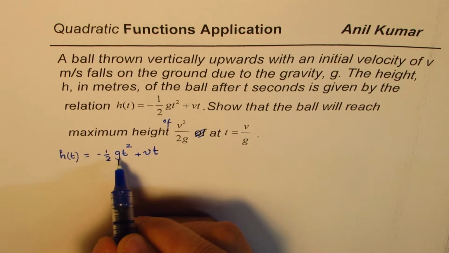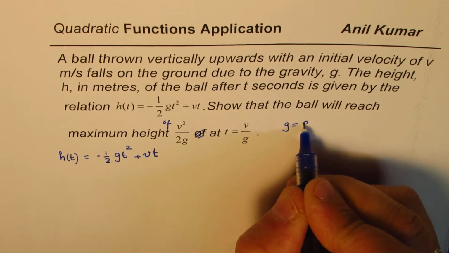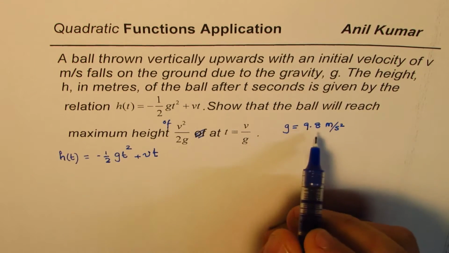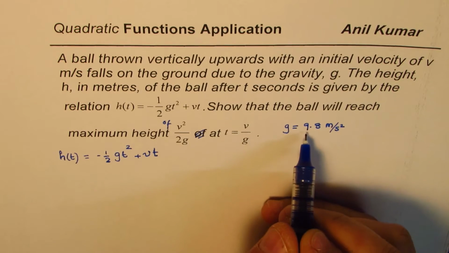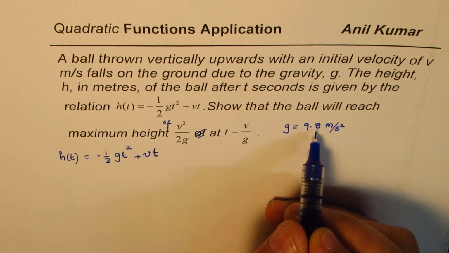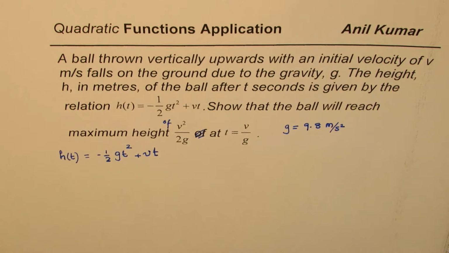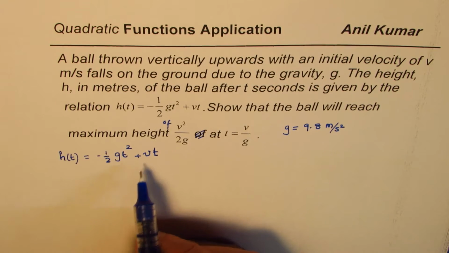Value of g is 9.8. So let me just remind you here: g is equal to 9.8 meters per second square. At times you will see a minus 4.9, which is exactly half of this, or round to half of 10, which is minus 5, in the equations related to projectile motion of throwing things which come down. Everything comes down anyway.